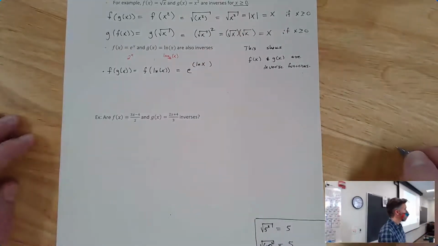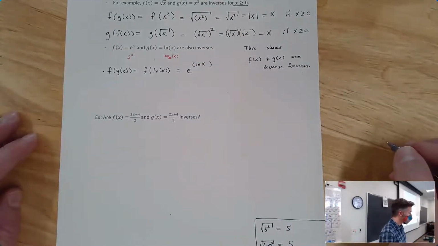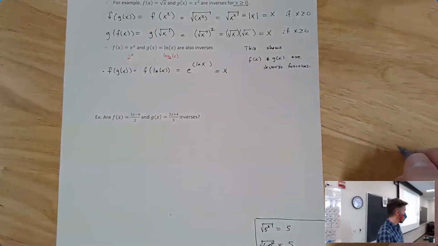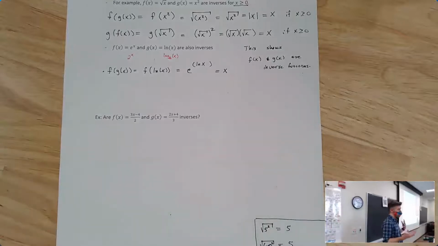And what's e to the natural log of x? I know it's been a little while, but it is just x. In fact, we talked about exponential functions and logarithmic functions as inverses of each other. That's how we talked about the logarithmic function in the beginning. So yeah, they do undo each other.